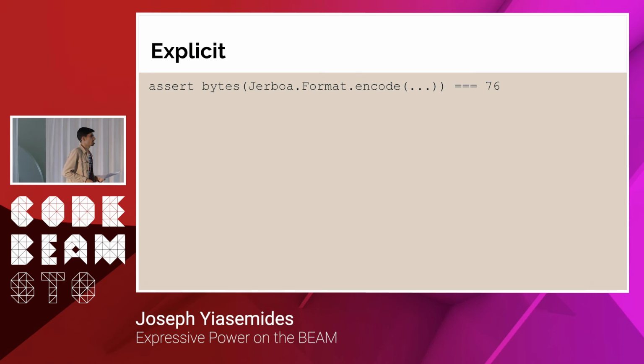Okay, so if we look at being explicit, this is some real code that we had. What it does is take a data structure, encode it, and then make sure that it's the right number of bytes long. So we did the math on some paper, and we put the 76 there.